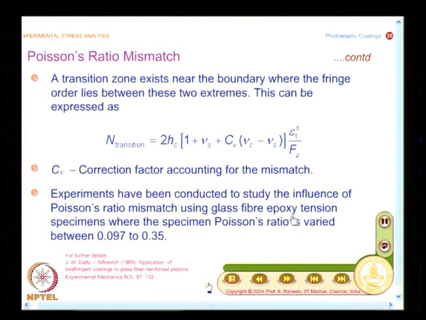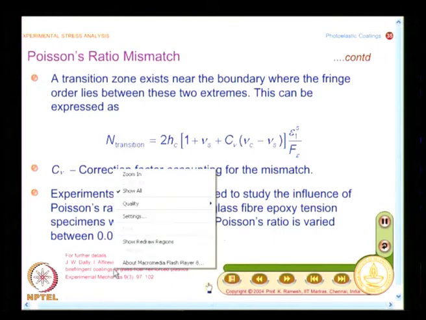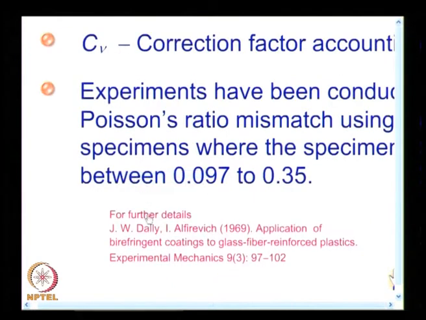So, the glass fiber epoxy tension specimens where the specimen Poisson's ratio is varied between 0.097 to 0.35. When you use a composite, by changing the volume fraction of the fiber, it is possible to change the Poisson's ratio, and further details you could get it from reference here.